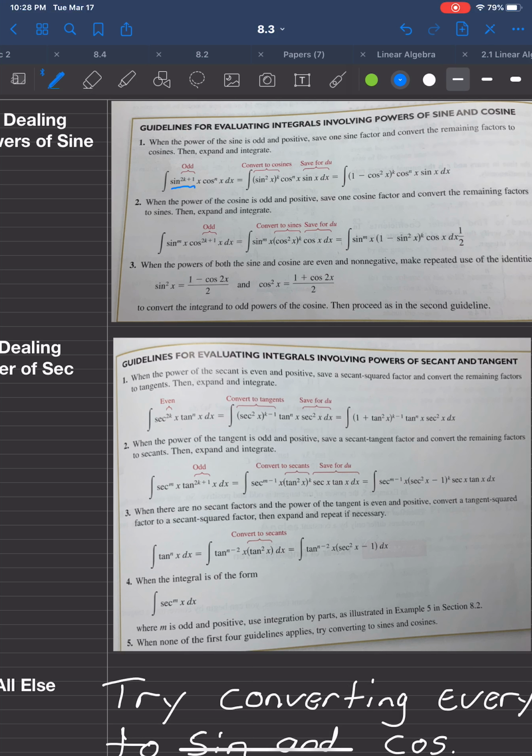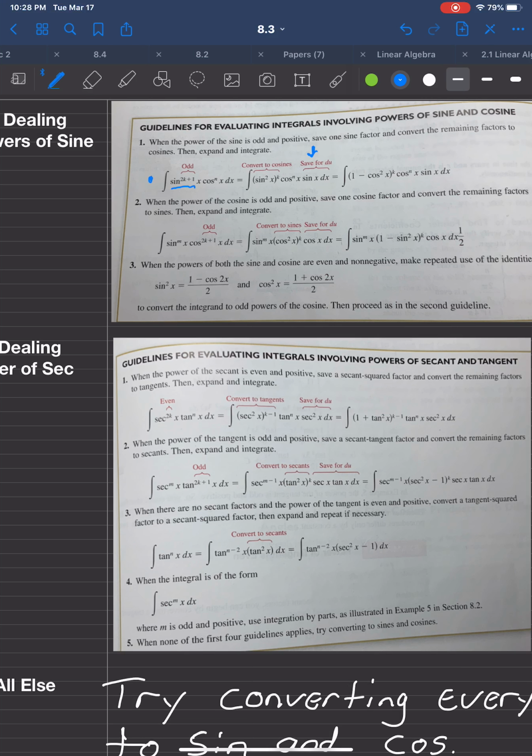And what this first tip is suggesting is, look, if the power of sine is odd and positive, then we're going to want to save a factor.